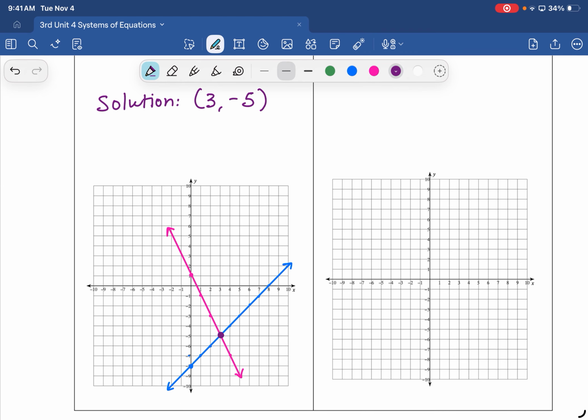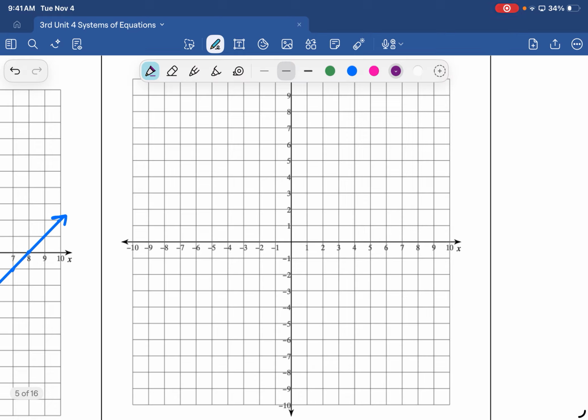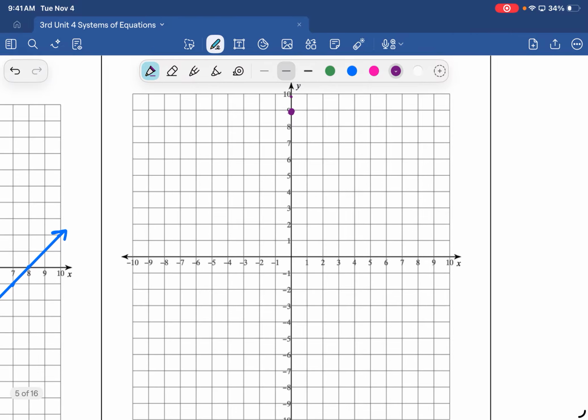Thank you. Y'all go ahead and do number 2 for me. Y'all should be graphing number 2.